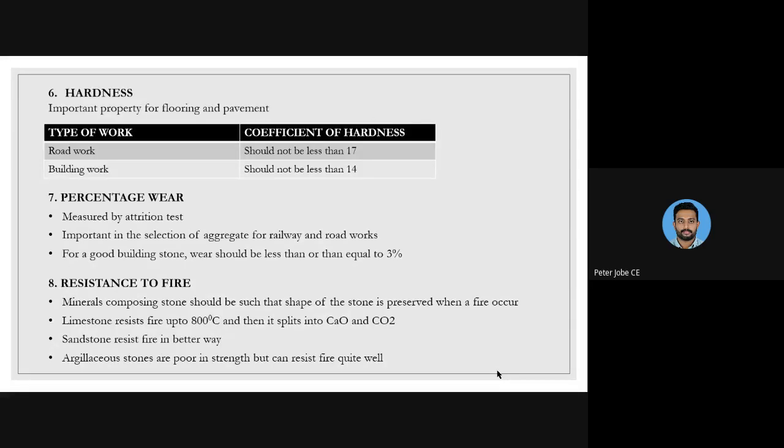And next is the hardness. What's meant by hardness is, if we scratch that particular stone with our nail, it should make a mark on that stone. The hardness is actually quantified regarding the coefficient of that particular mark.